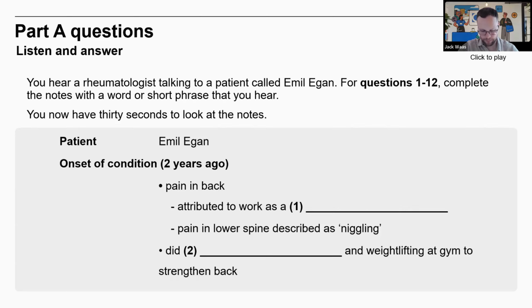Anyway, after about 4 months, I realized I was starting to get a few niggling pains in my lower spine, nothing too serious, but enough to make me feel a bit uncomfortable at the end of a day's work. Okay. So I started going to the gym because I've always been pretty fit. I'd do stretching sessions along with lots of weightlifting because I wanted to strengthen my back. I mean, it seemed like a good idea at the time. Sure.